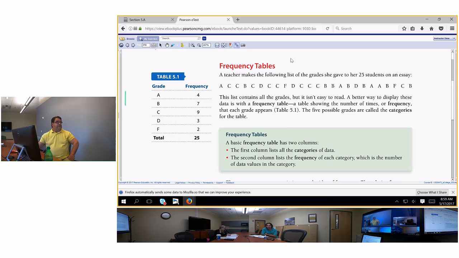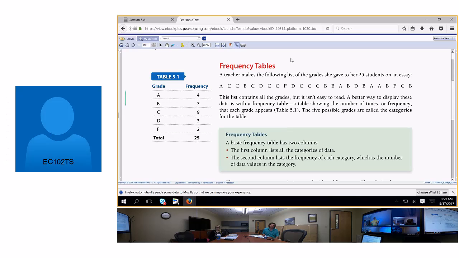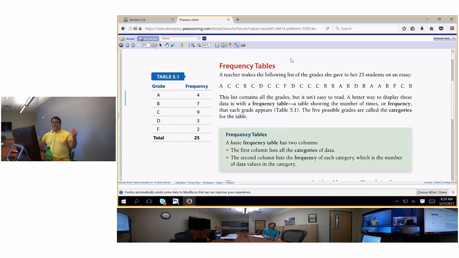So, blondes, brunettes, and redheads. In this class, we have blondes, 1. Brunettes, I think, 5. And then redheads, none. All right, that is a frequency table.